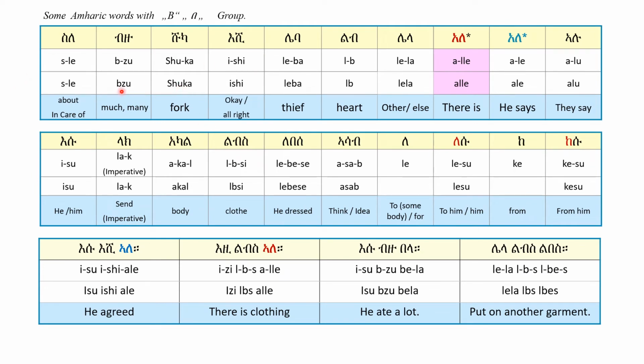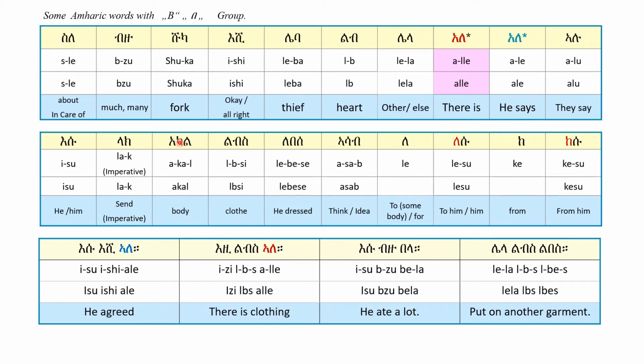Let us read some more words. ስለ ብዙ ሹካ እሺ ሌባ ልብ ሌላ አለ አሉ እሱ ላክ አካል ልብስ ለበሰ አሳብ ለሱ ከሱ.